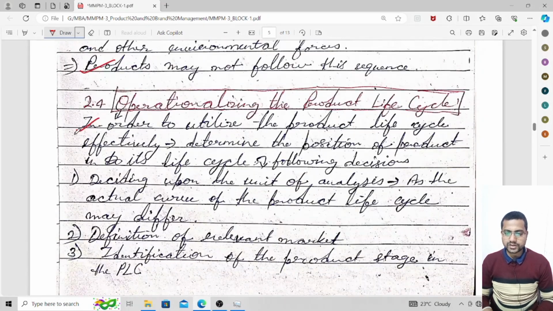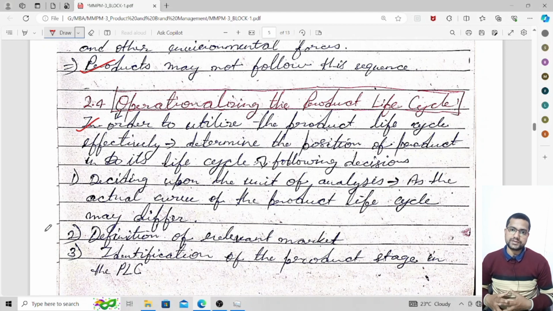First, given determining the position of the product in the life cycle, first decide upon the unit of analysis. So the first thing here, in operationalizing the product life cycle, is deciding upon the unit of analysis.